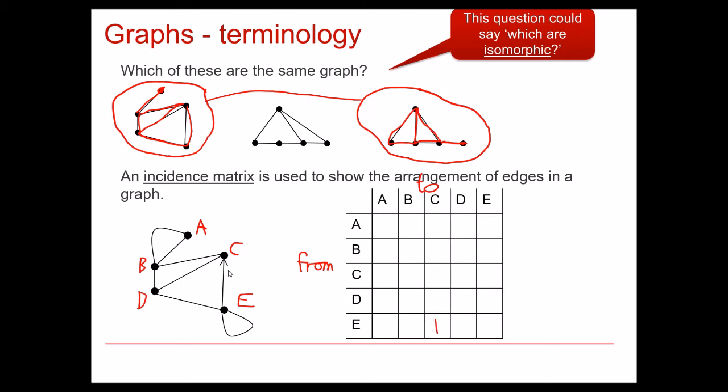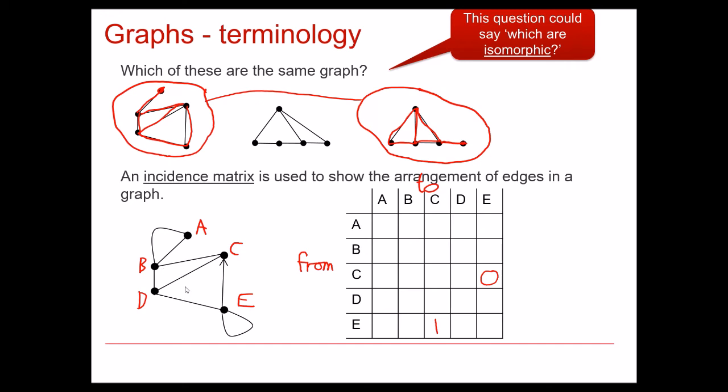And of course, because it's a directed arc, there are no arcs going from C to E. So over here I'll record a 0. Now for arcs which aren't directed, like for example BC here, the way you can think about this is that an undirected arc could be thought of as two directed arcs, one going one way and one going the other.